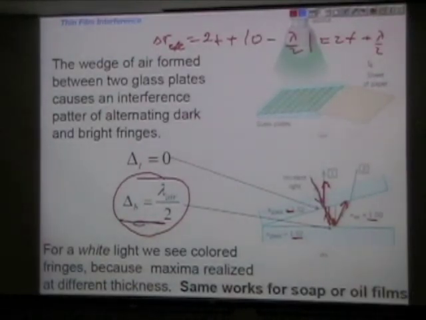So let's say, again, we want to amplify the orange light. For the orange, the wavelength in vacuum equals 600 times 10 to the negative 9 meters, 600 nanometers. So first of all, now the film is air. And the wavelength in the air is equal to the wavelength in the vacuum, because the index of refraction of air is 1.